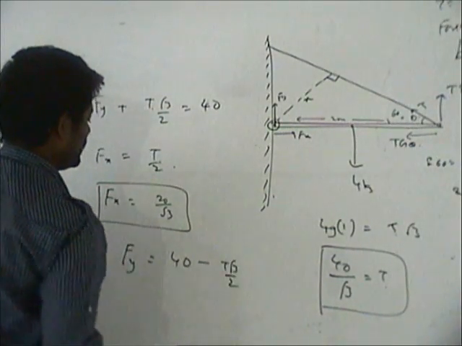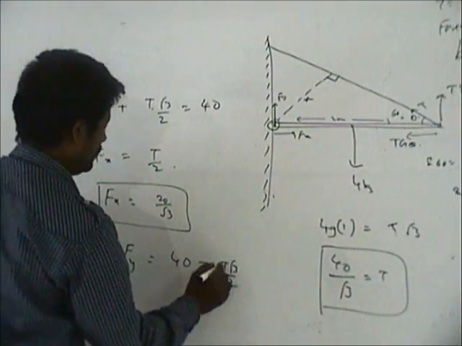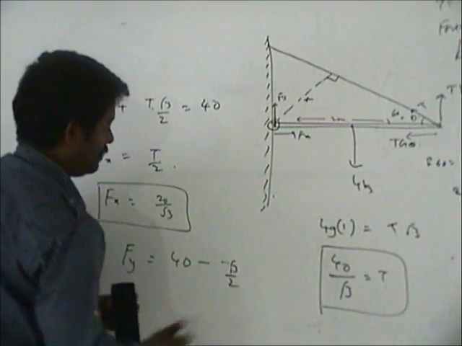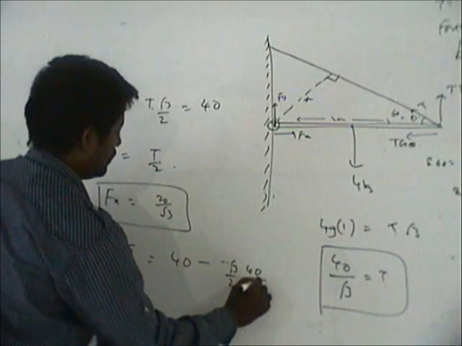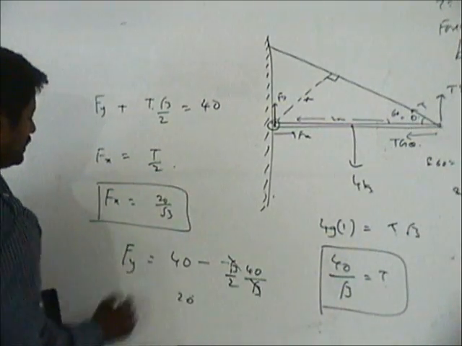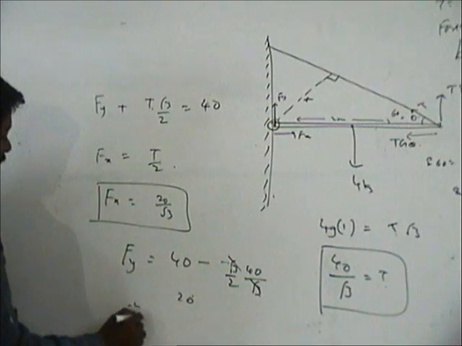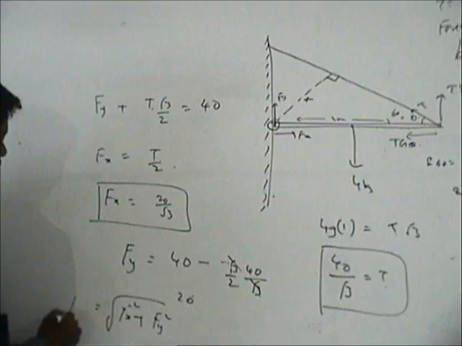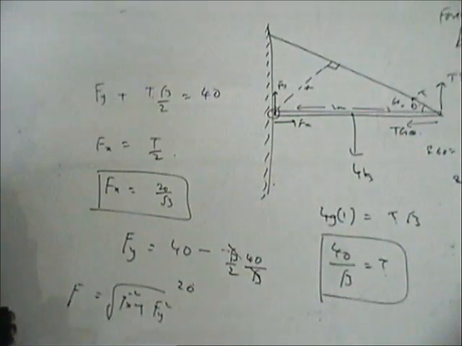by 2. That is, T is nothing but 40 by root 3. Therefore, you have 40 minus 20, that is 20. Now, Fx square plus Fy square under root gives the net force given by the hinge.